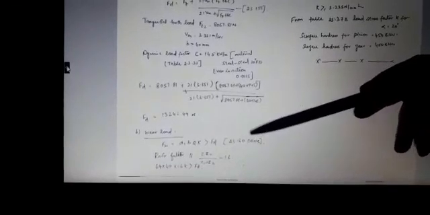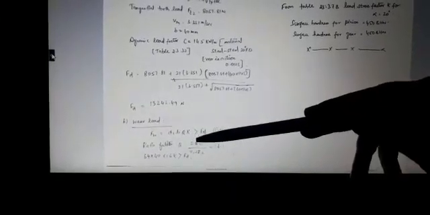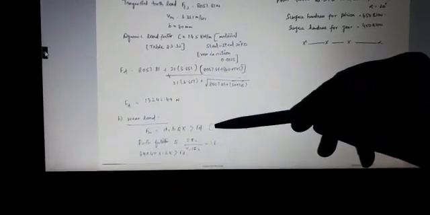The next and final step is the wear load. In the data handbook, 23.160, the formula is given. Wear load Fw is equal to D1 BQK. The condition is that the wear load must be greater than the dynamic load.